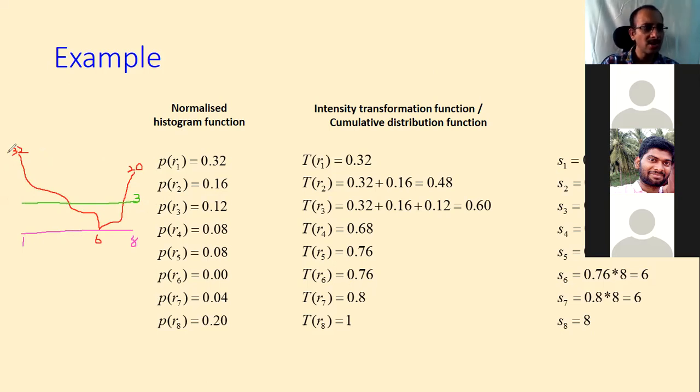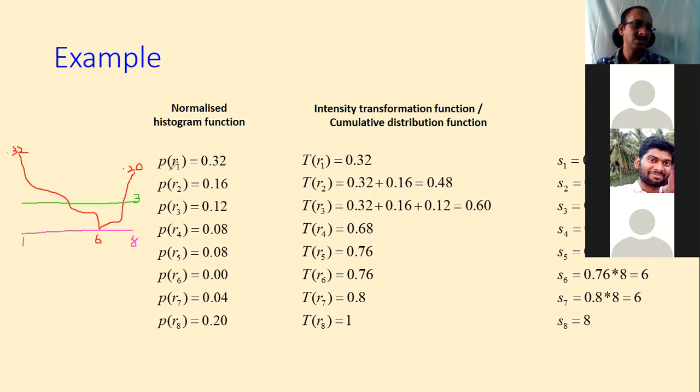Is this correct, close to 0.3? No, sir, 0.2 might be. No, tell exactly: you have 25 pixels and 8 gray levels.